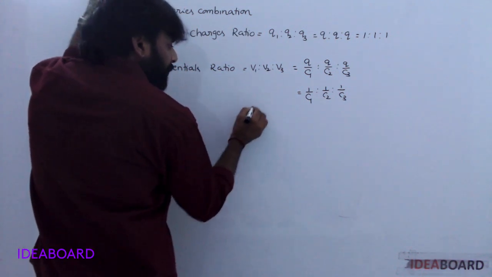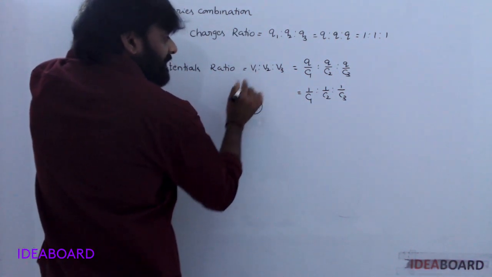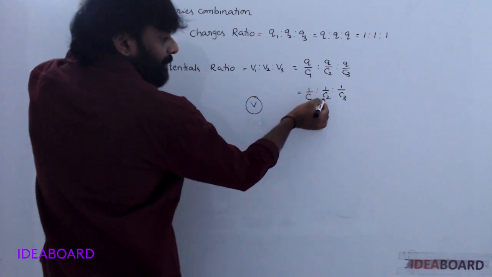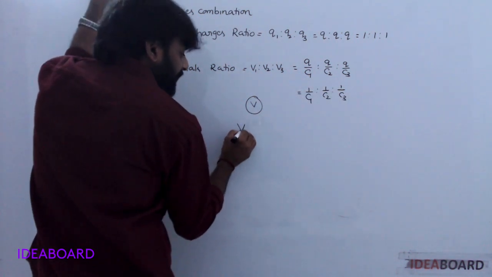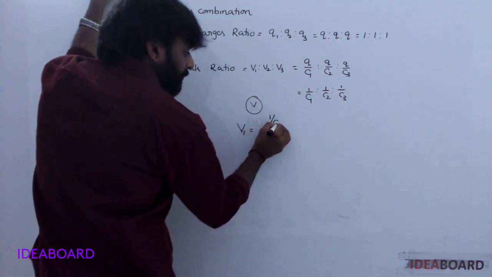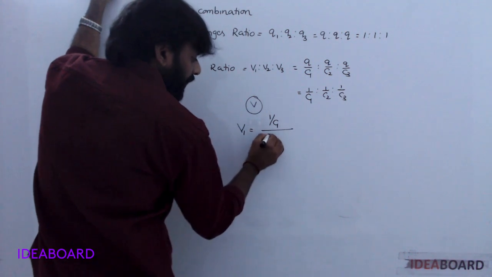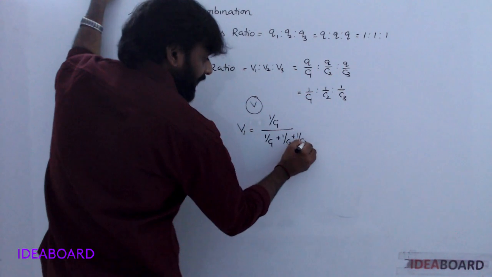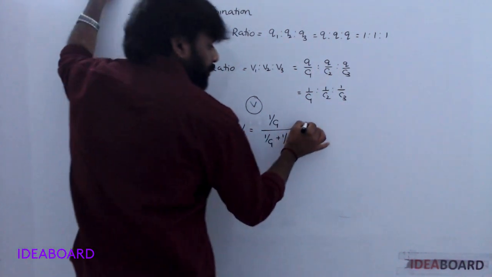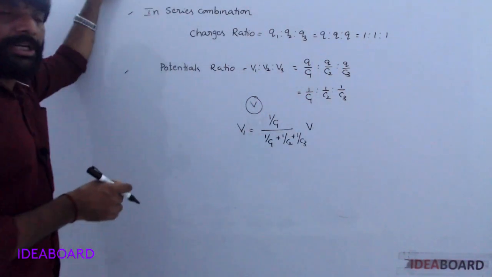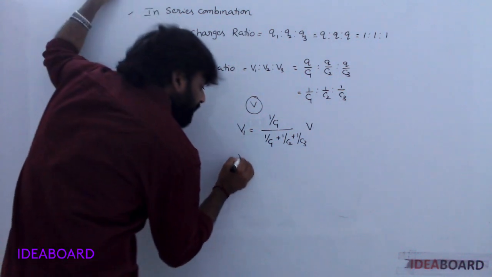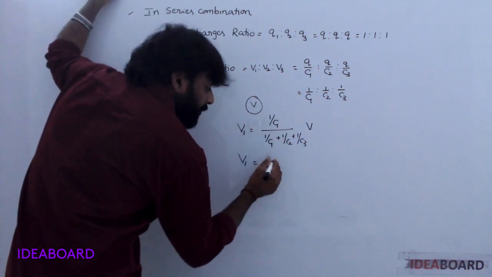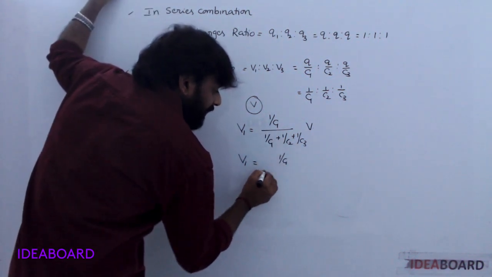Now total potential is V. It is divided in the ratio of 1 by C1 is to 1 by C2 is to 1 by C3. V1 is equal to 1 by C1 by 1 by C1 plus 1 by C2 plus 1 by C3 into V. Understood? Okay.